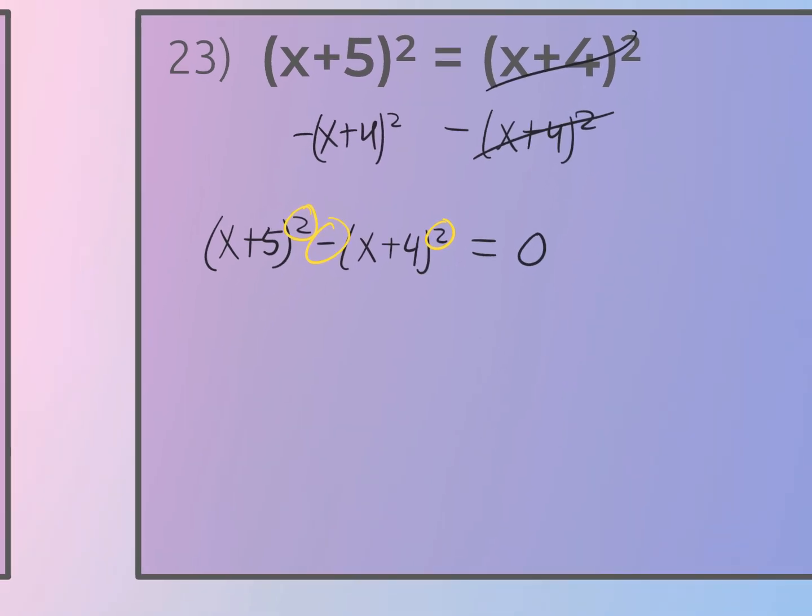So we can factor it as follows. I'm actually gonna make my two groups into big parentheses. So I have a big parenthesis here, equals 0.